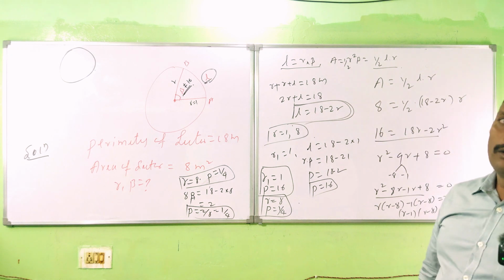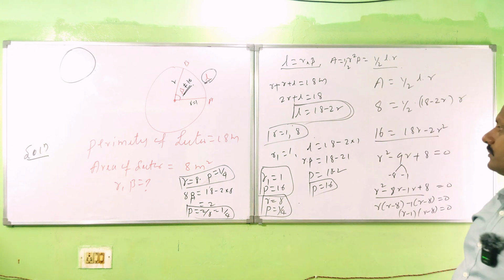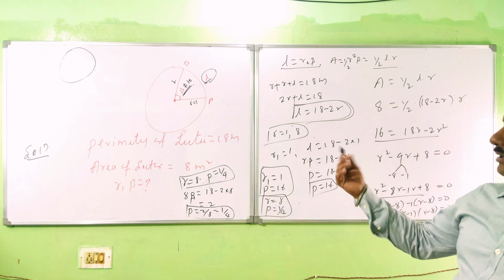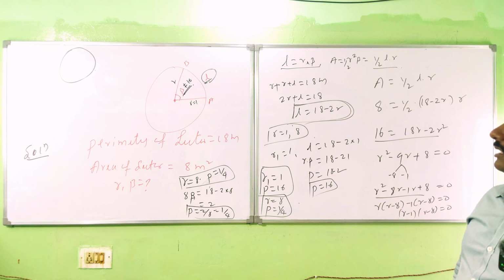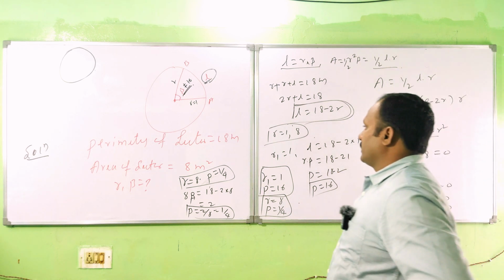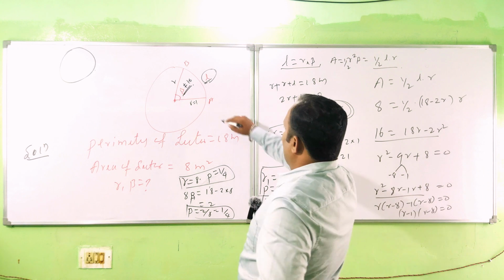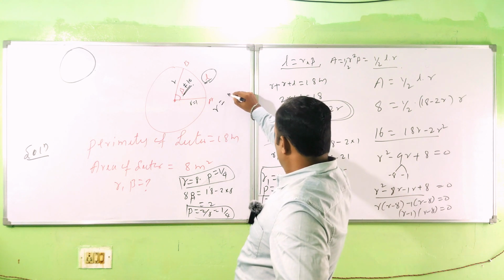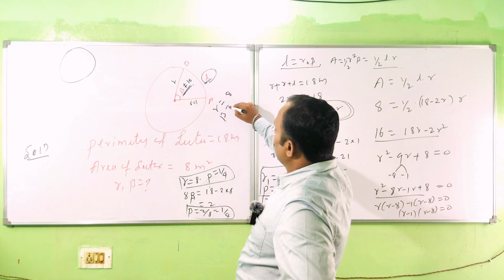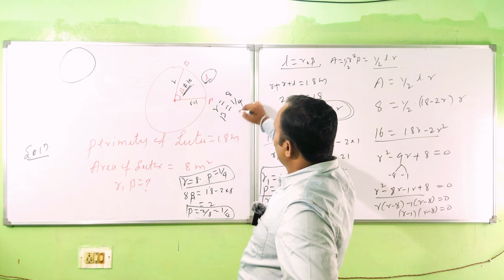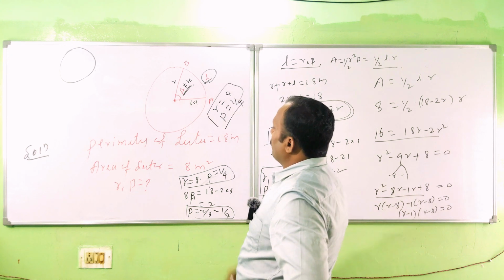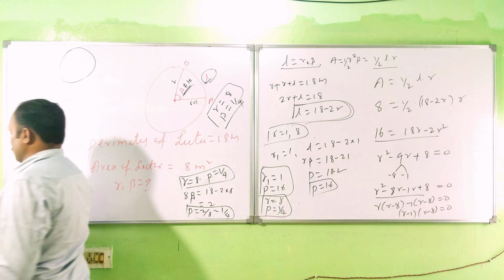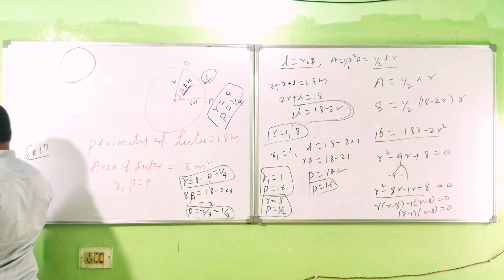The angle would not become that much, means it did not become a sector. So that's why our required value is r is equal to 8 and beta is equal to 1 by 4. Required values of r and beta are 8 and 1 by 4.